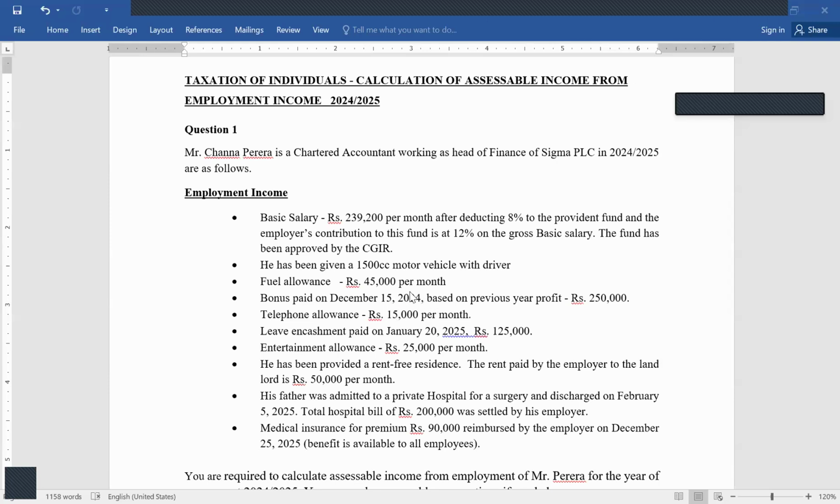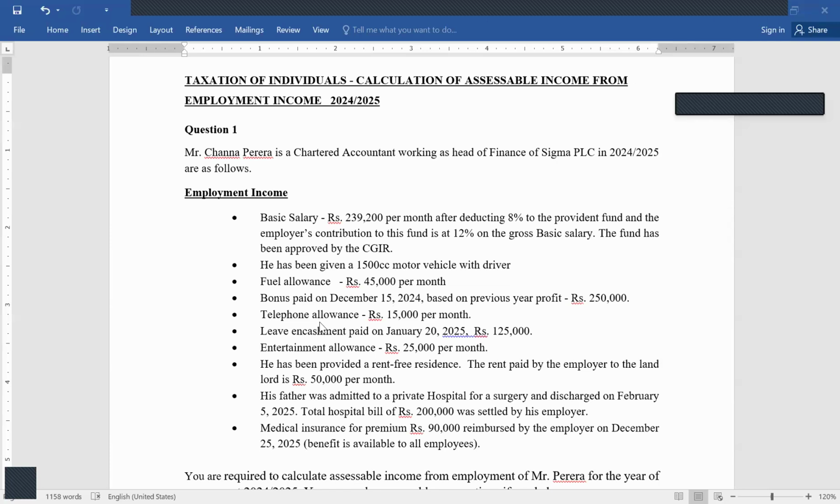So we have to check whether that date is relevant to that year of assessment or not. Therefore, you should consider whether that income is received within that year of assessment or not.